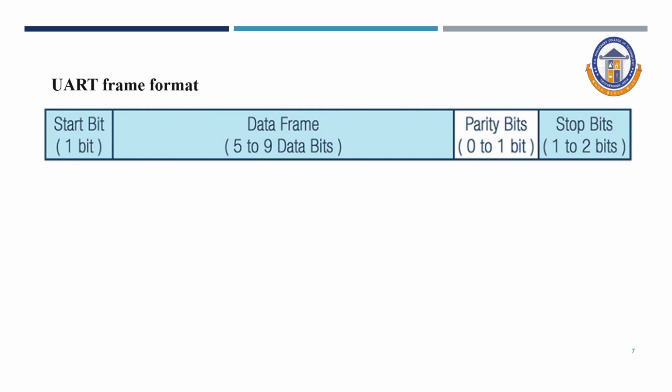From the parity bit, odd and even parity, we can observe whether the transmitted data is error free or has some error. And finally the stop bit: 1 to 2 bits going low to high show that the communication is terminated, that the byte of data is received.